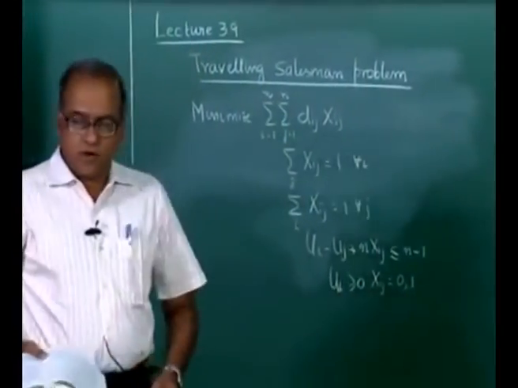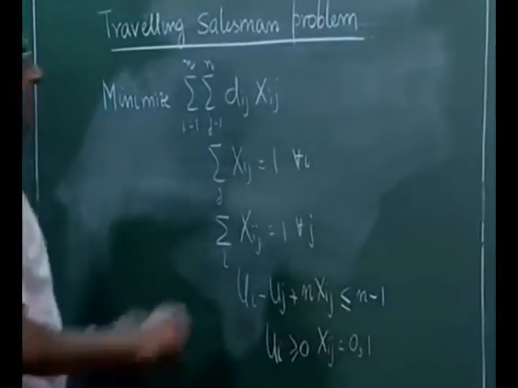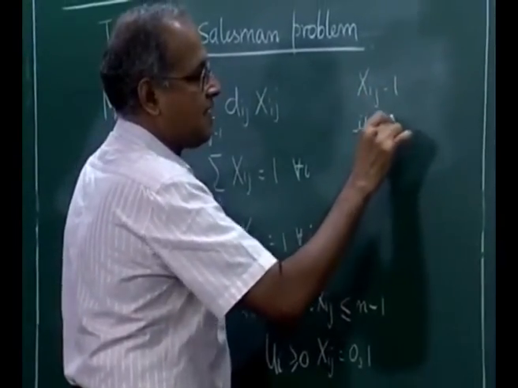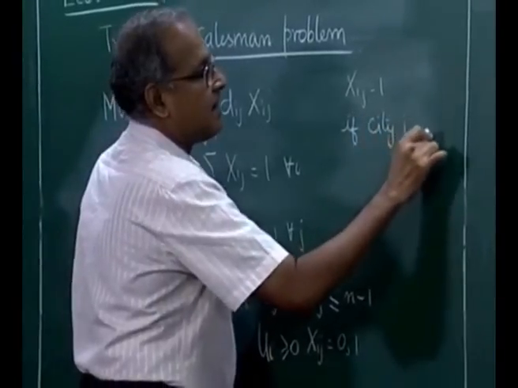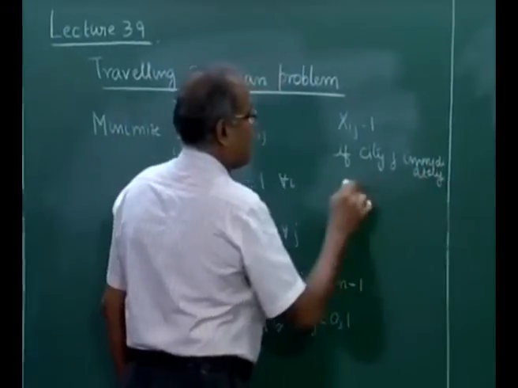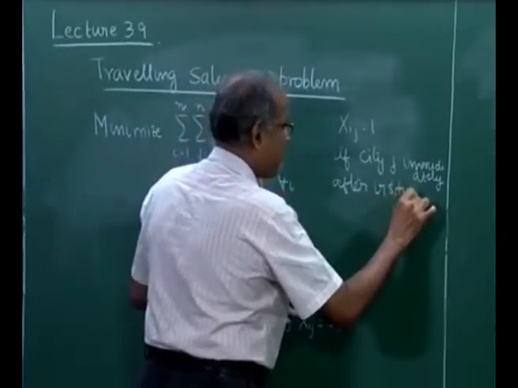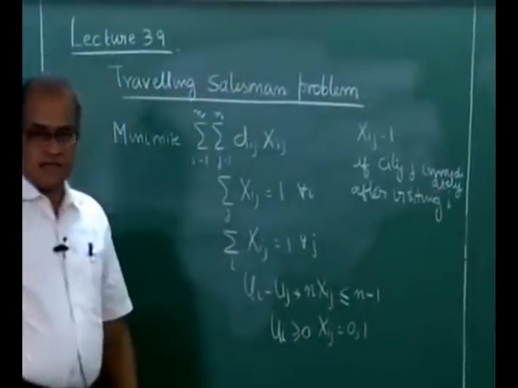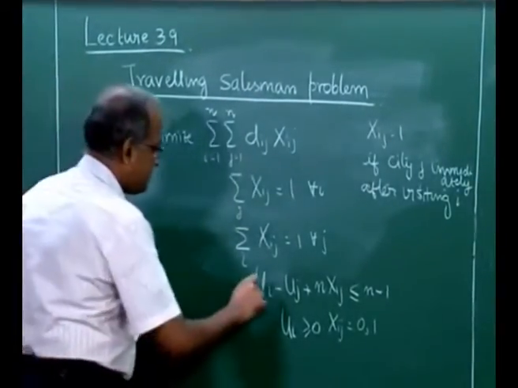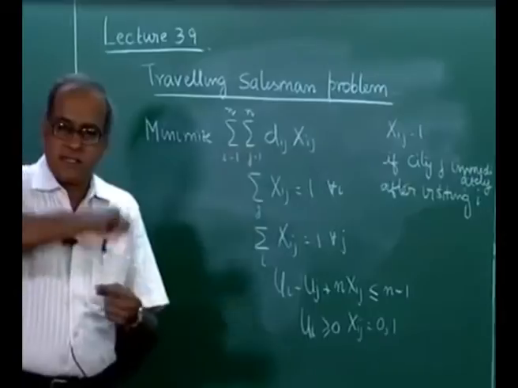We have already seen this formulation of the travelling salesman problem. Now Xij equal to 1 if the salesman visits city J immediately after visiting city I. Now Dij is the distance matrix.